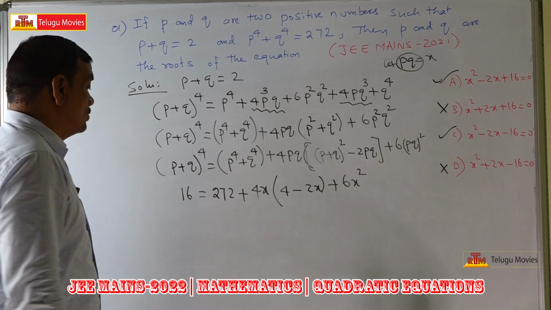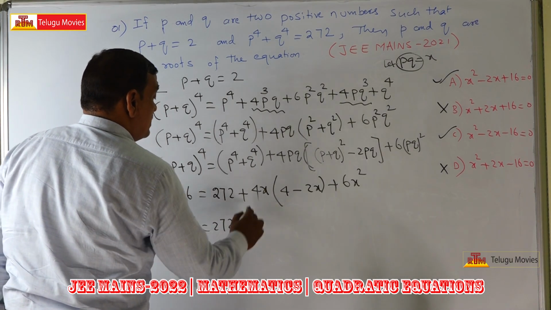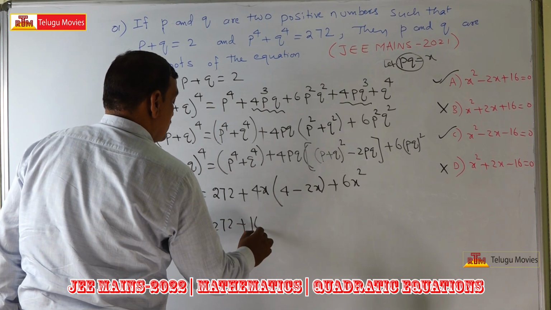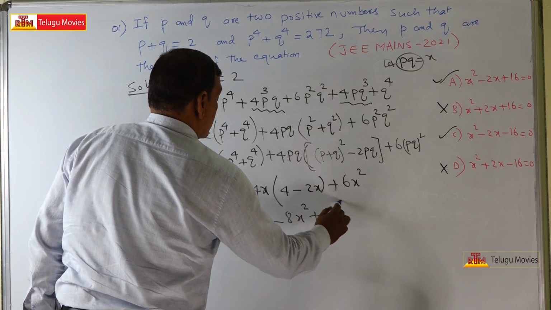Okay now, right. So coming to 16 is equal to 272 plus, multiply inside, 4 4s are 16x minus 4 2s are 8x square plus 6x square.